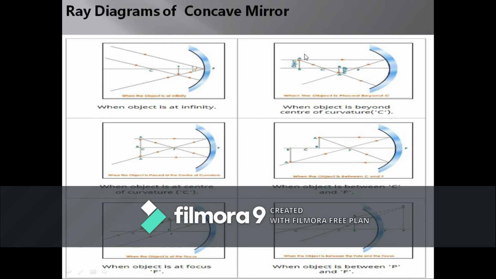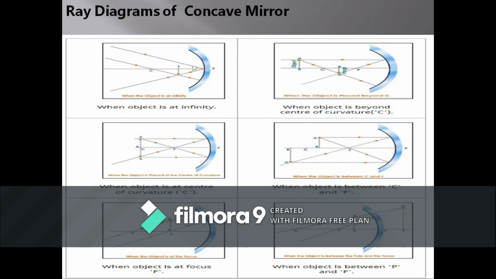The second situation is when the object is beyond the center of curvature, so it is far away, but not at infinite. The image is formed between the center of curvature and the focal point, as we can see in this diagram here. It is inverted as well.